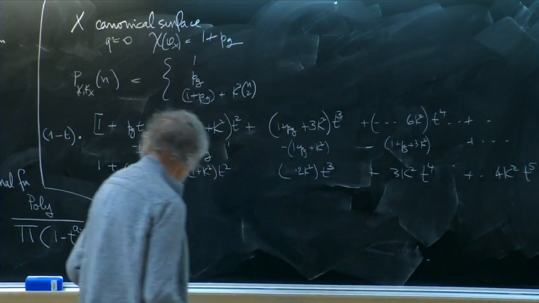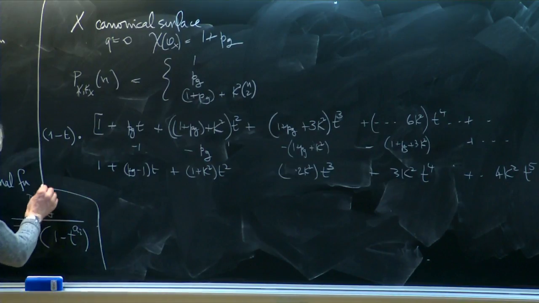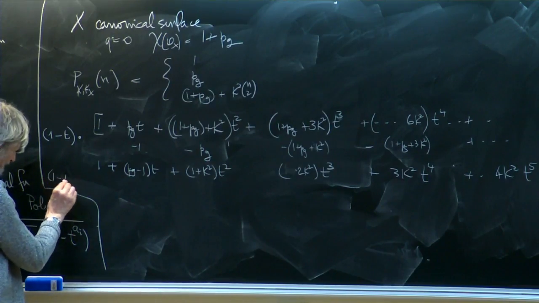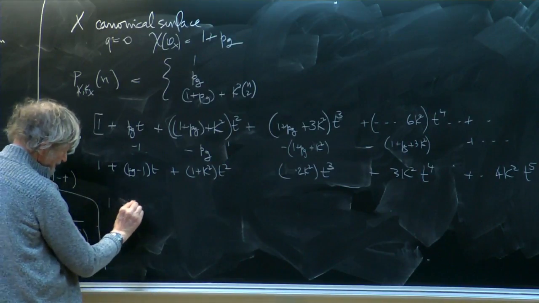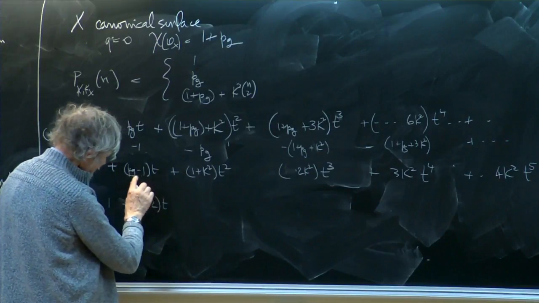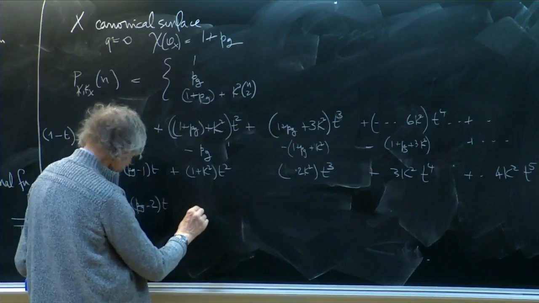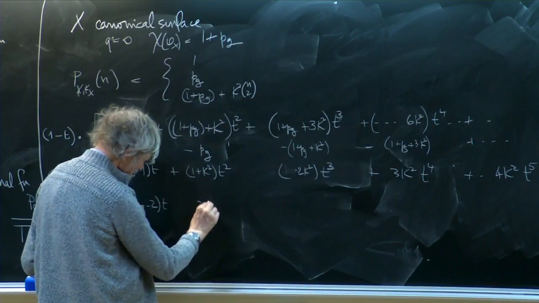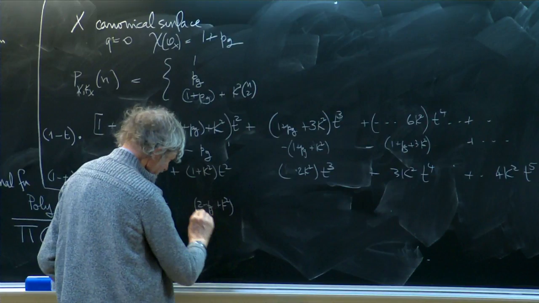So one of the rules of life is if you enjoyed doing something, you should do it again. If you multiply this by 1 minus t, this will become 1 plus pg minus 2t. There's a little subtraction going on here, which is going to give, I think, 2 minus pg plus k squared t squared.